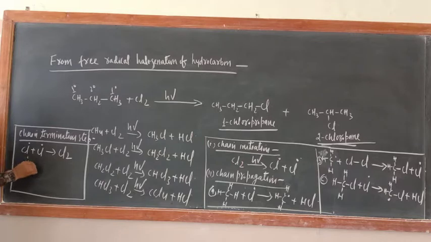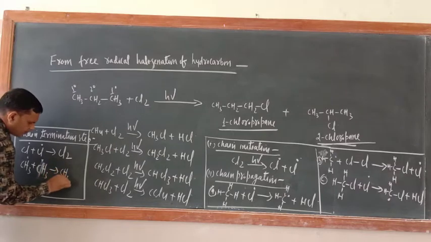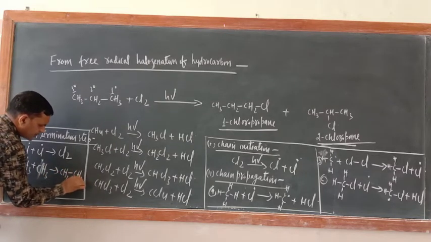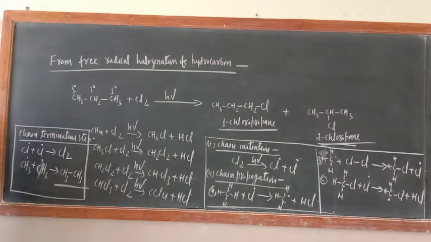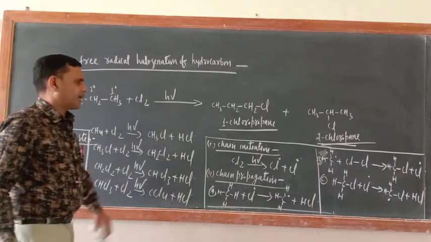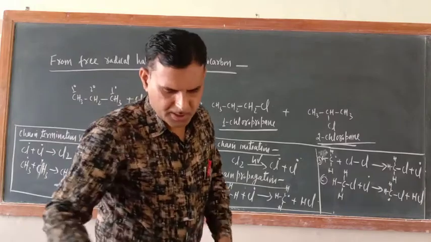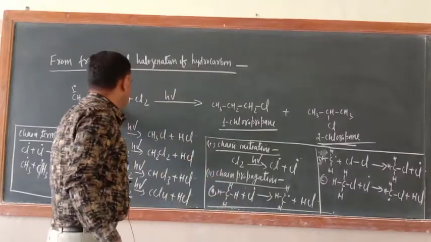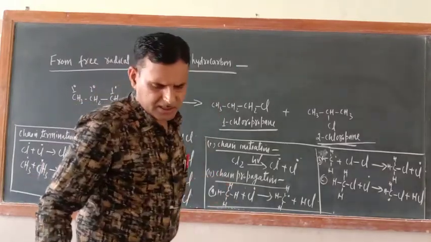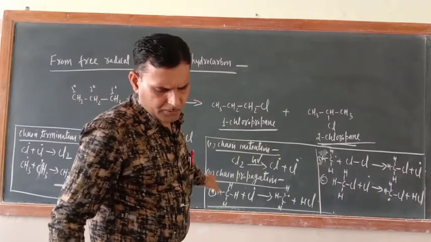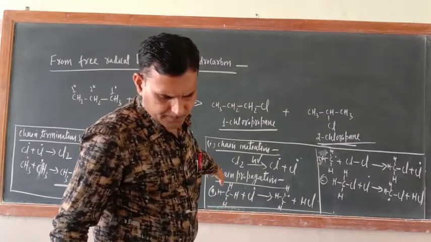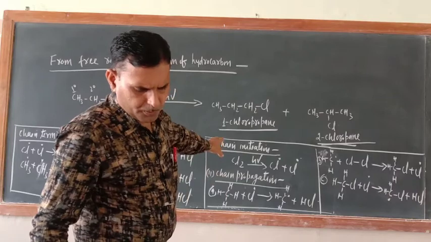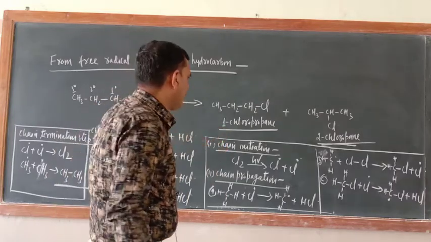Similarly, CH3 free radical and another CH3 free radical will join together and form CH3CH3. Now it is terminated. So this is the mechanism of this reaction. In the same way you can write the mechanism for this one also, but that is not required. If you want to, you can write it, otherwise it's okay.